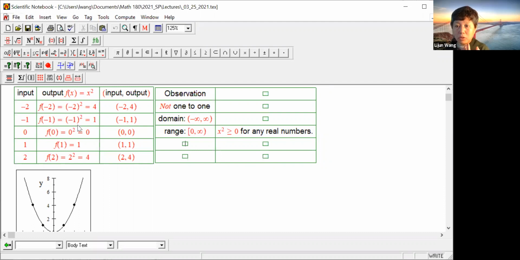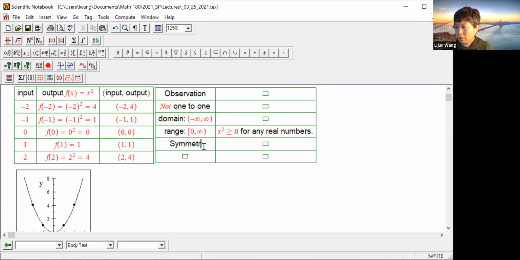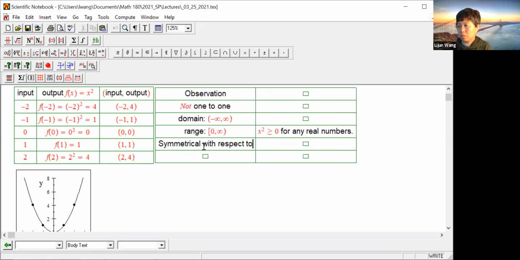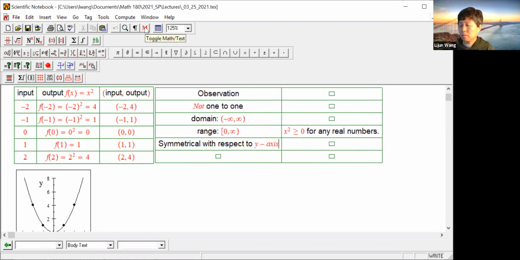The curve is symmetrical. The curve is symmetrical along which line? There's symmetry. Yes, it's symmetrical with respect to the y-axis.